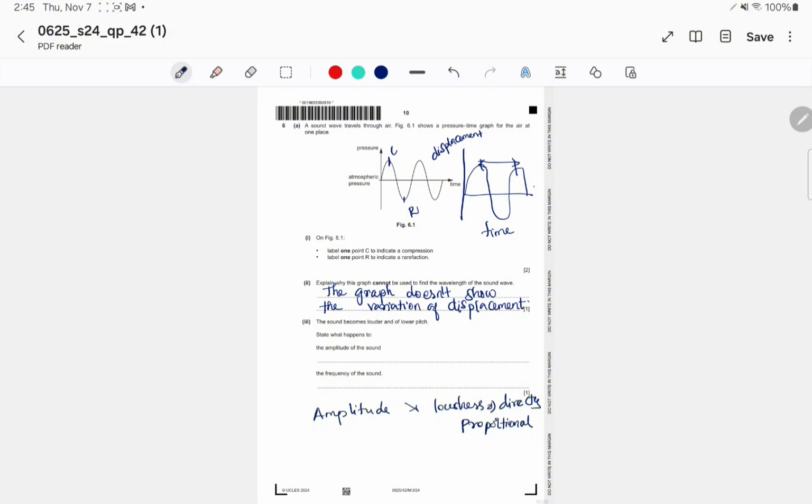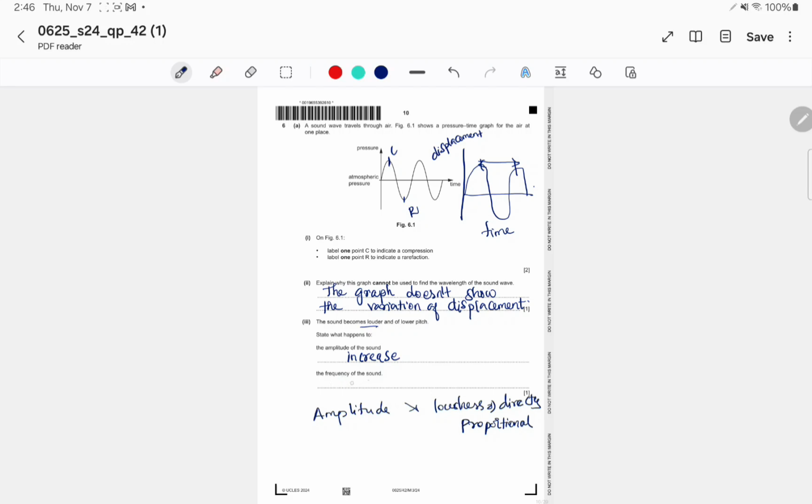So what will happen here? The amplitude gets higher. As the sound is louder, the amplitude increases. And for the frequency becoming higher, the pitch becomes lower.